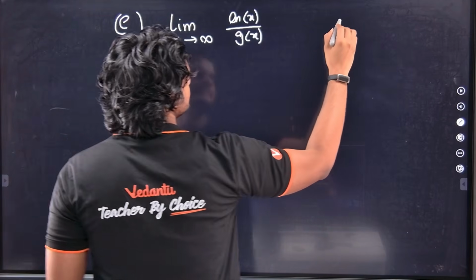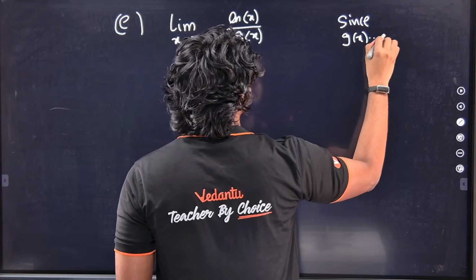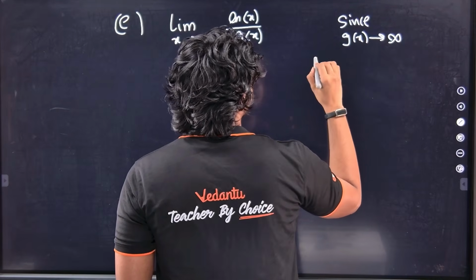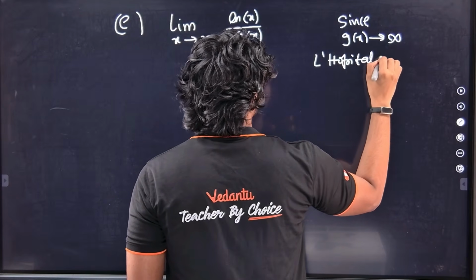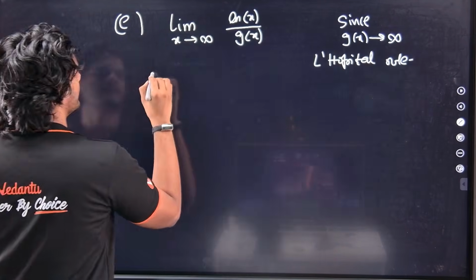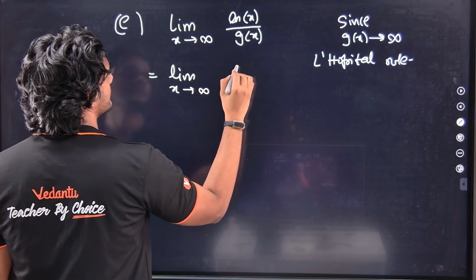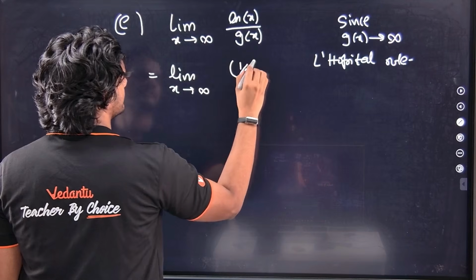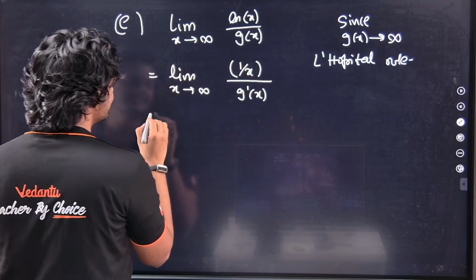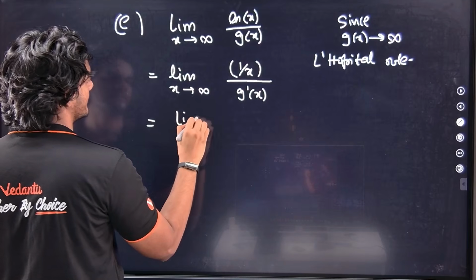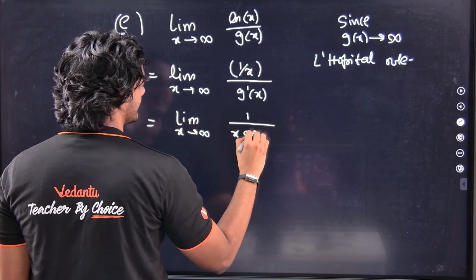Now, since g of x is tending to infinity, we can use L'Hopital's rule. So I will write this as equal to the limit as x tends to infinity of 1 by x by g dash of x.